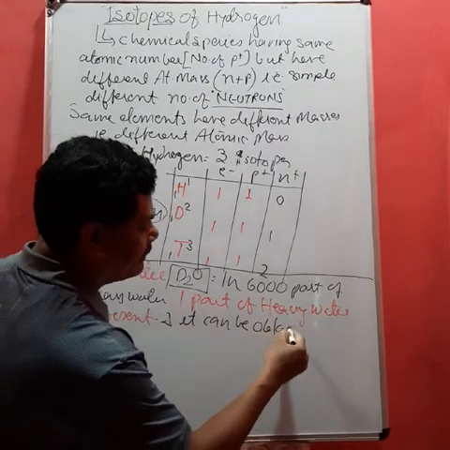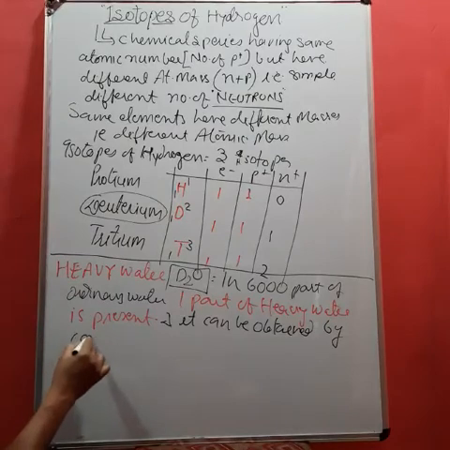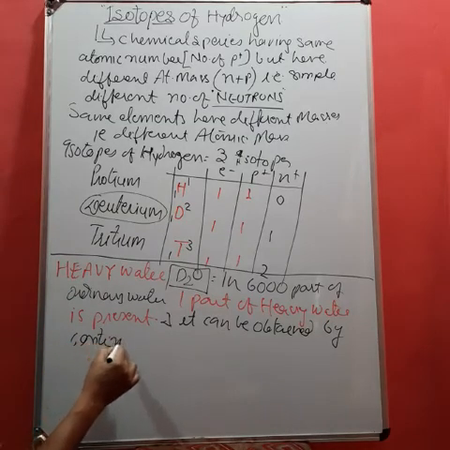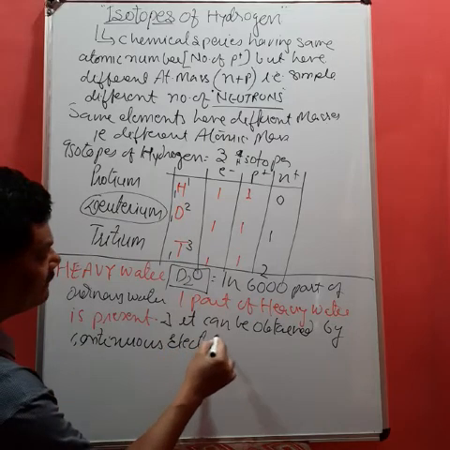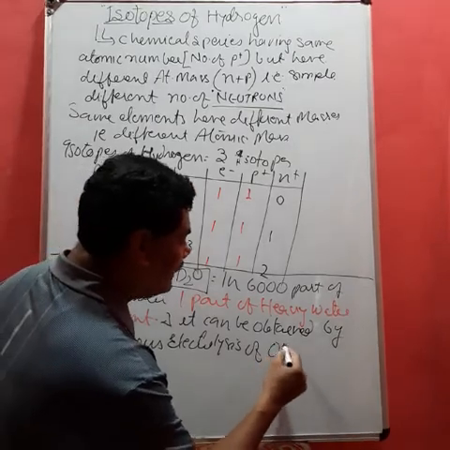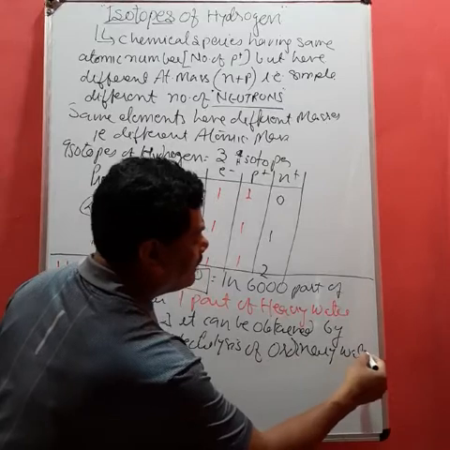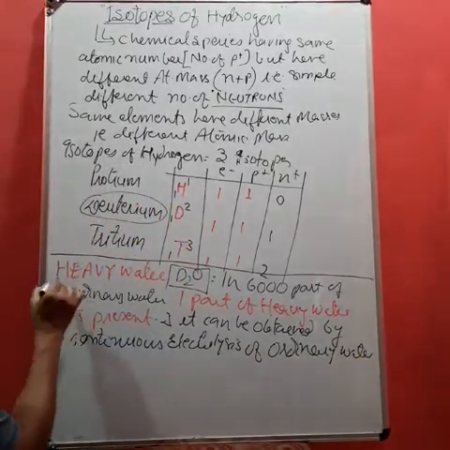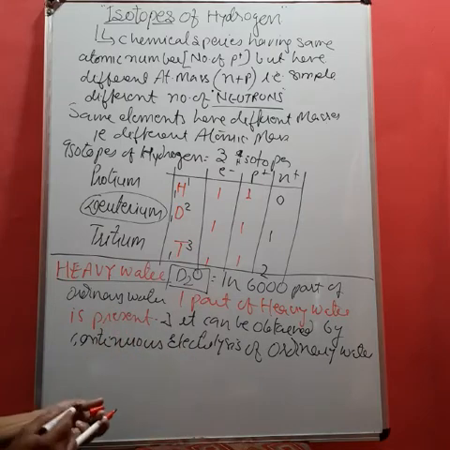Heavy water can be obtained by continuous electrolysis of ordinary water. The properties of heavy water are quite similar to those of ordinary water, but some changes are there.